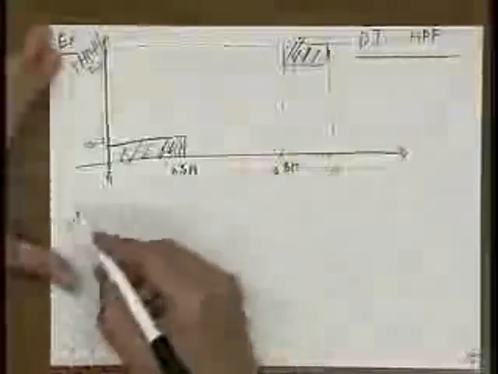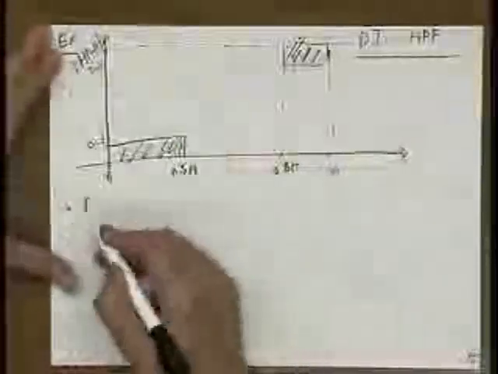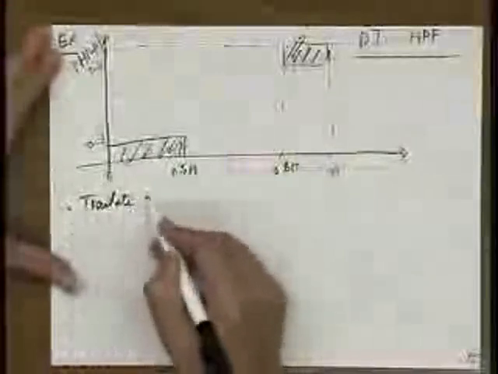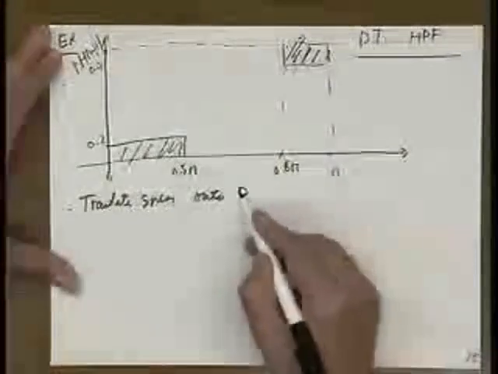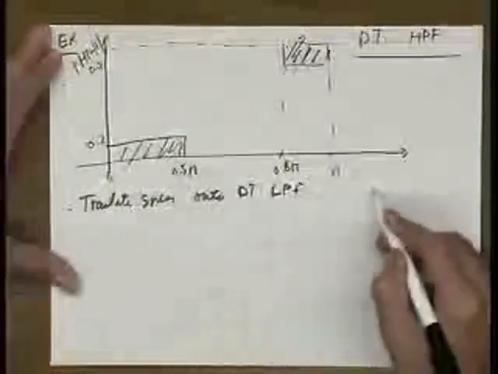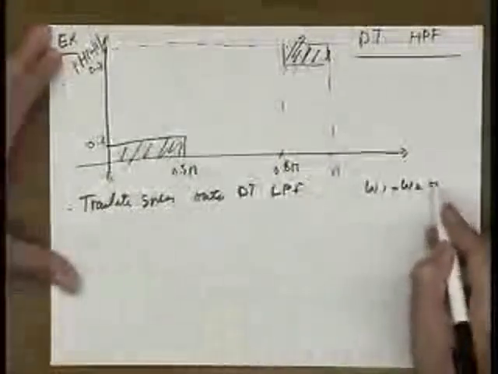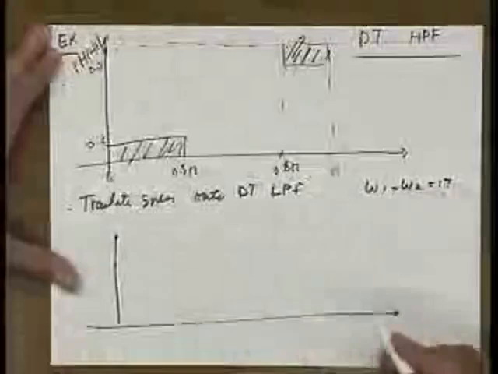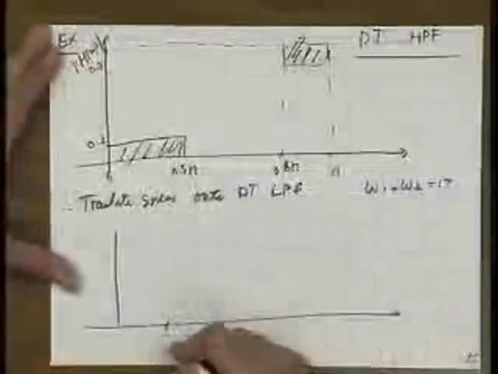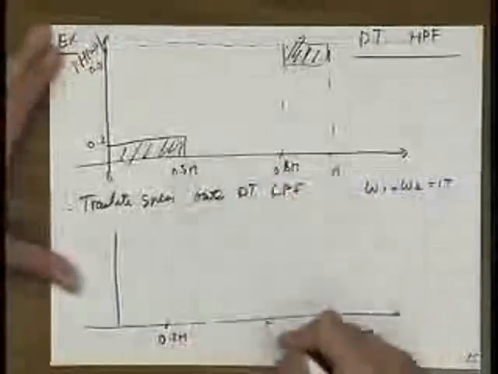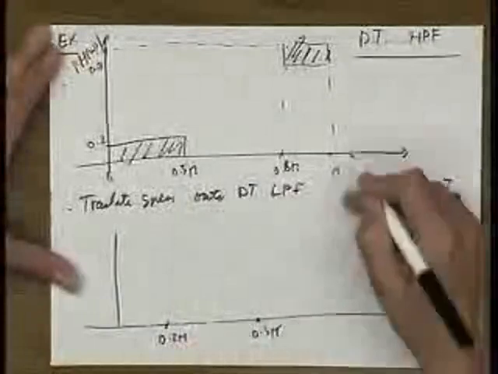Now we want to translate the specs into a discrete time low pass filter, and let's just pick omega 1 plus omega 2 equals pi. What that corresponds to is that 0.8 gets mapped to 0.2 pi, and 0.5 gets mapped to 0.5 pi, and this is just pi.